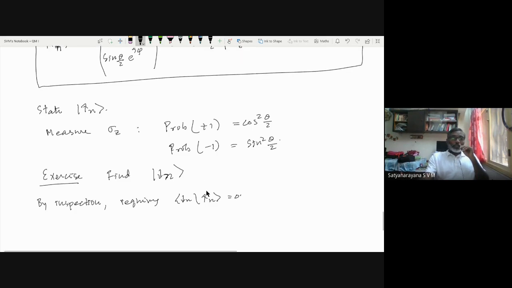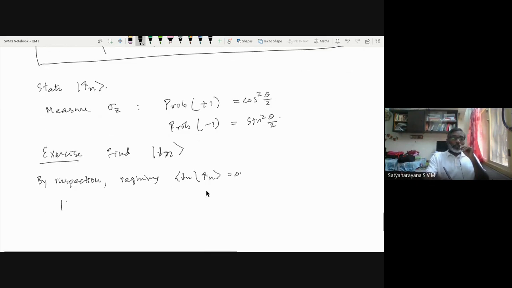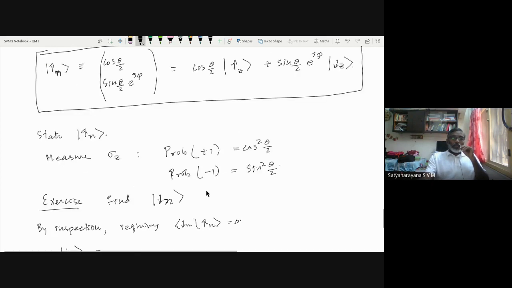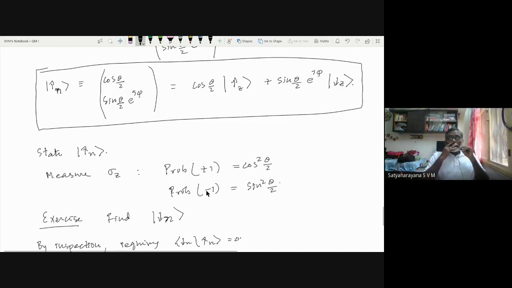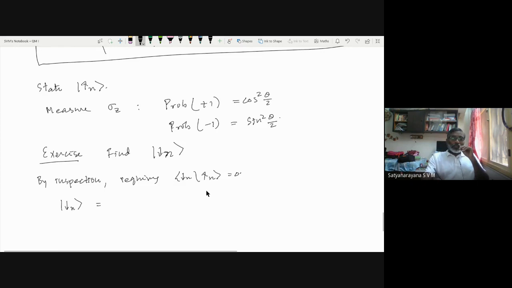We can write down n to be equal to, okay, so down n has to be equal to sin theta by 2 into up z minus cos theta by 2 into e to the power I phi down z.